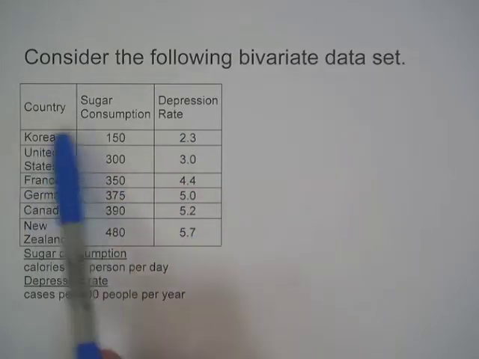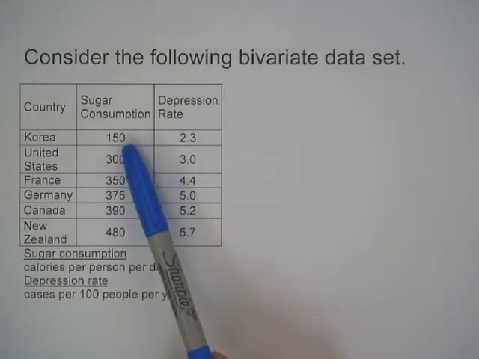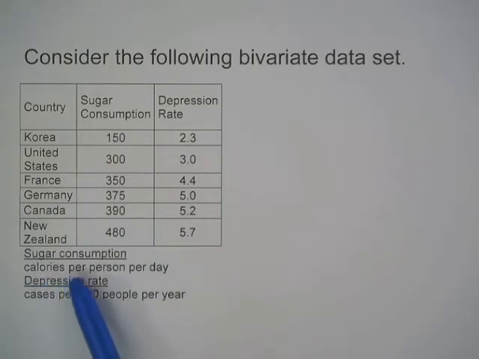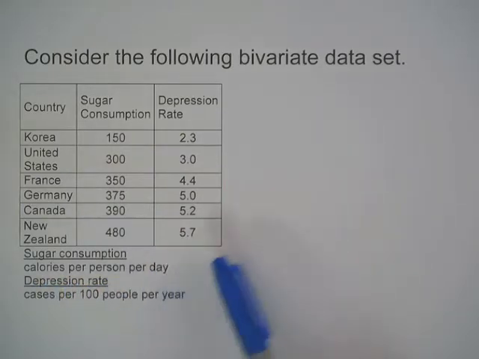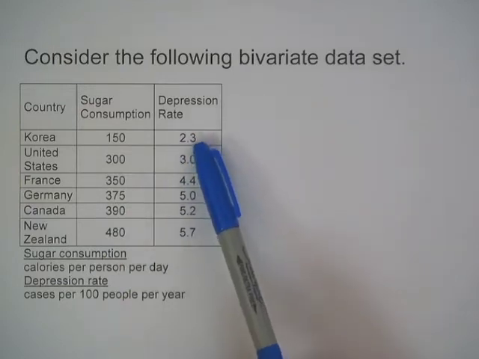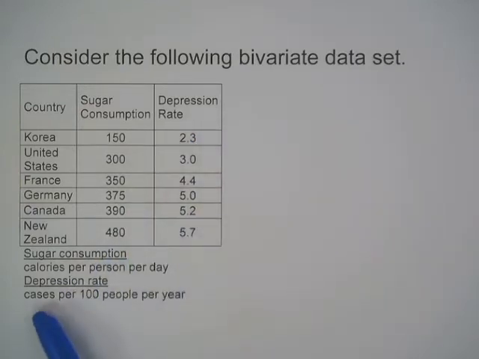So in Korea, on average, people consume 150 calories from sugar each day, and Korea's depression rate is 2.3. That represents 2.3 cases of depression per 100 people per year. So we're going to make a scatter plot for this data.